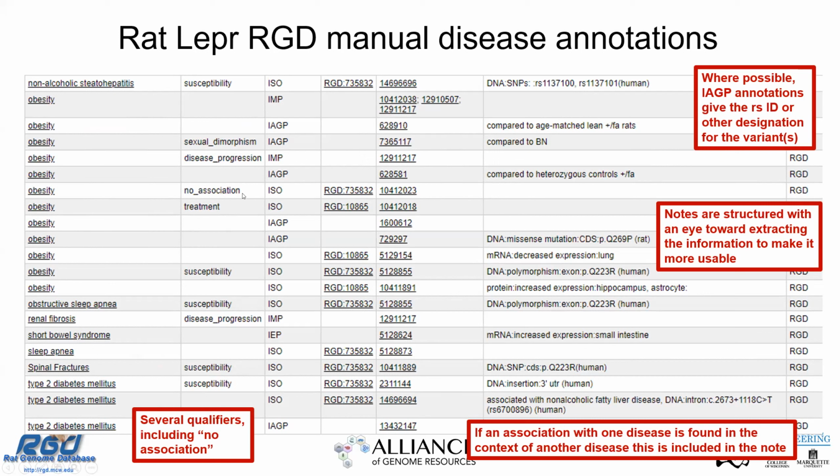So there was a study that was done, and they looked specifically to see if they could find a mutation that was similar to the rat fa, so fatty mutation, and were not able to find it in the cohort that they were looking at.